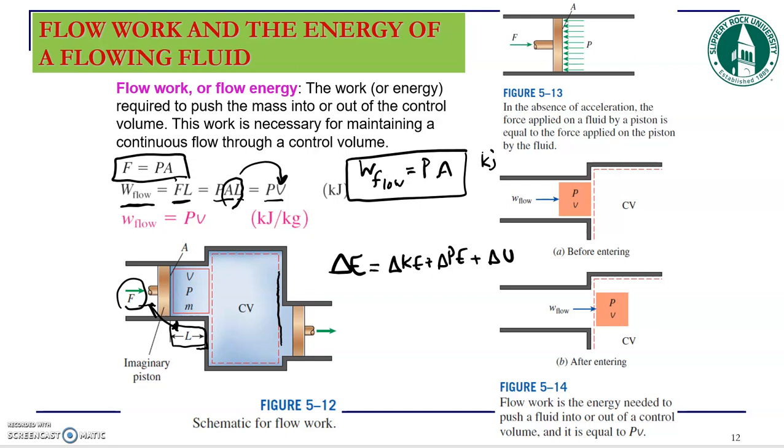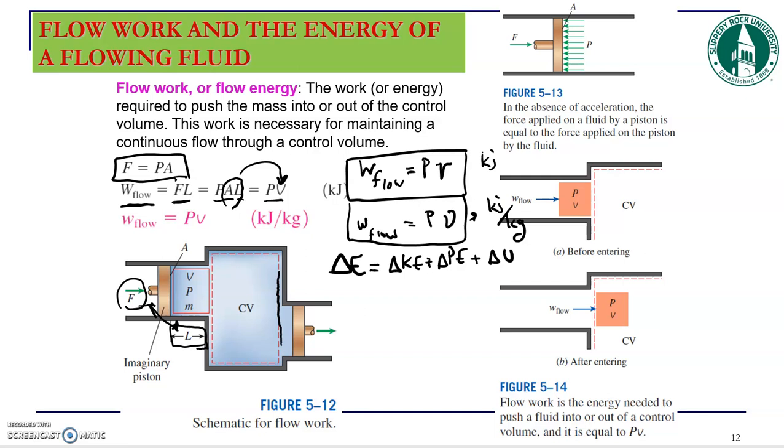Of course, if you want to write it per unit mass, you use basically lowercase w, and if you want to write it in terms of kilojoule per kilogram, that's going to be P nu, and nu is basically the specific volume, if you remember, right? So that's going to be kilojoule per kilogram. Makes sense? And basically that's it.